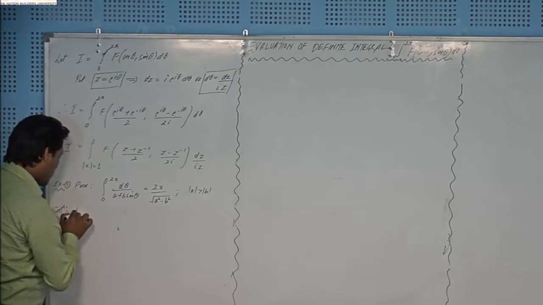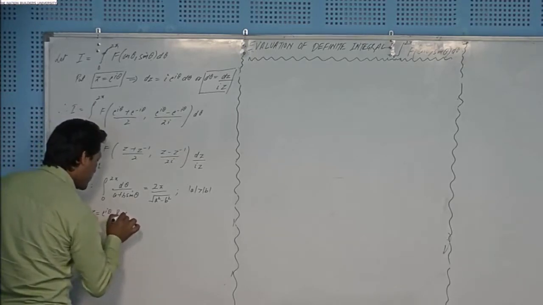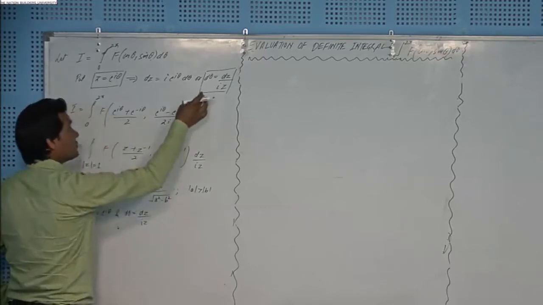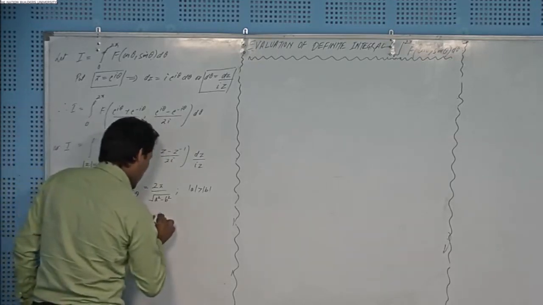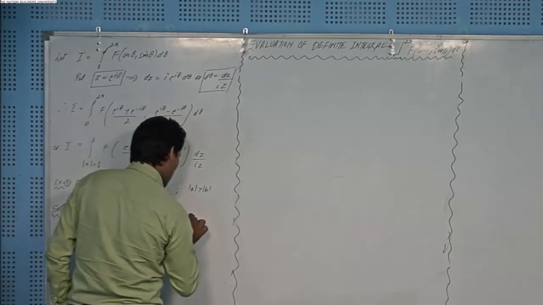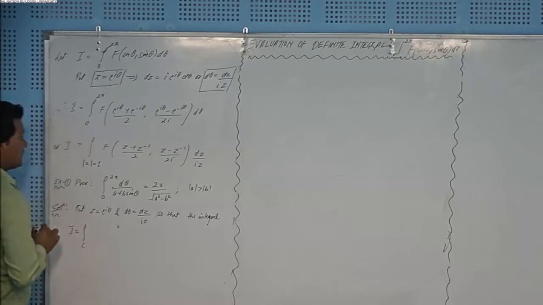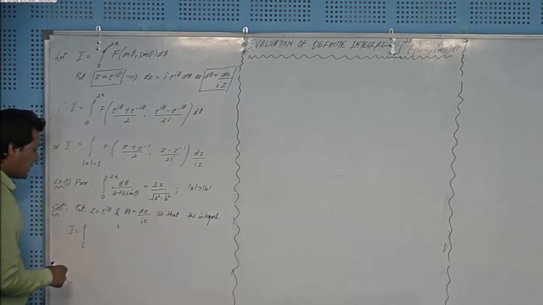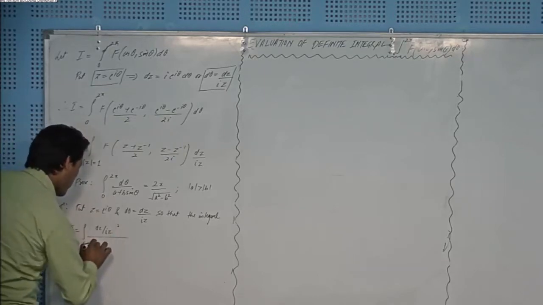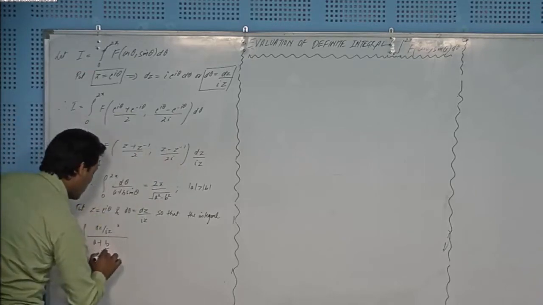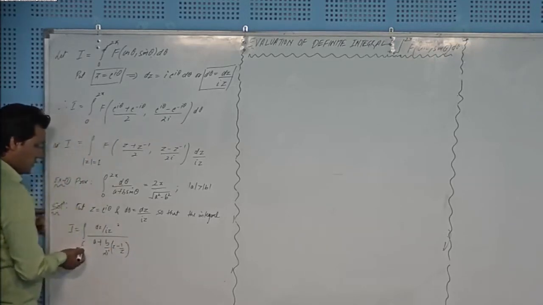Solution: put z equal to e^(iθ), and then dθ will be equal to dz over iz, and sin θ will be replaced by (z - z^(-1))/2i, so that the integral is transformed to I equal to the integral over C, and this C is |z| = 1. dθ will be replaced by dz over iz, and a + b times the sin θ, which is replaced by b over 2i times (z - z^(-1)), where z^(-1) is actually 1 over z.